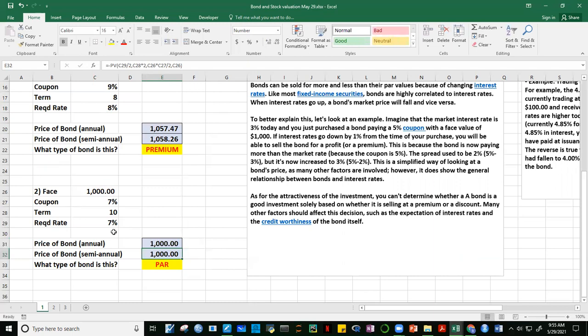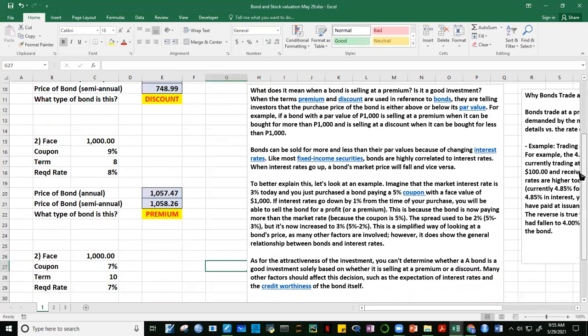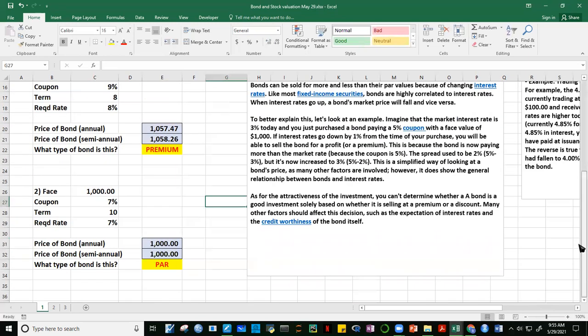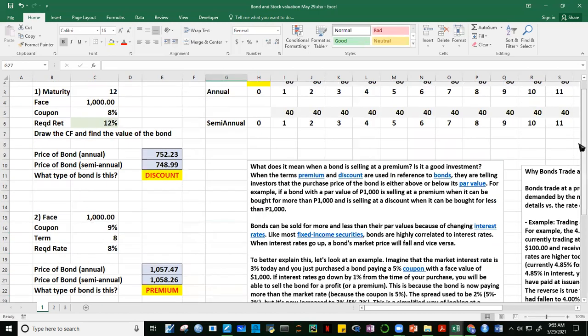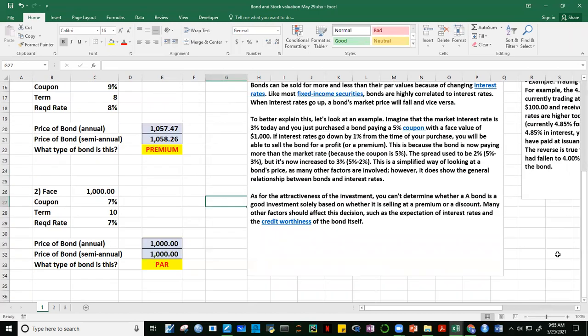So it's also 1,000, and that's called your par bond. So you have discount, premium, and par. So that's as far as bonds is concerned.